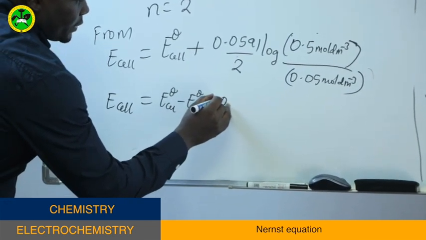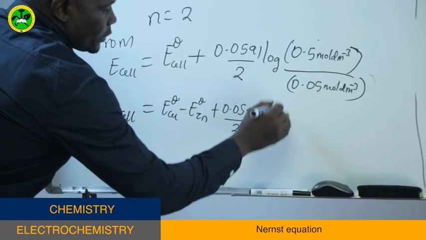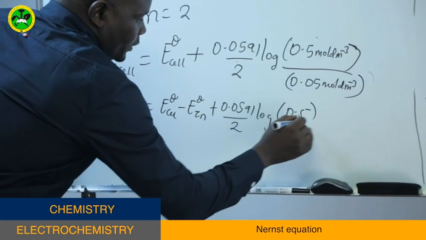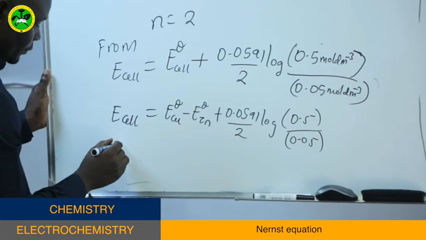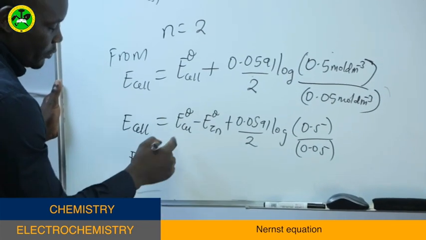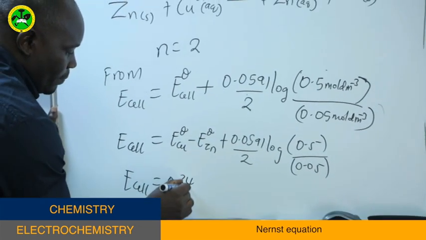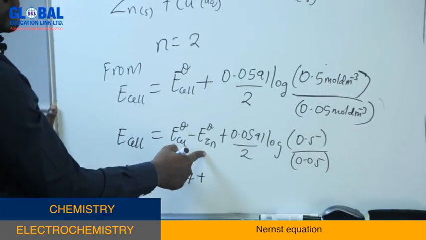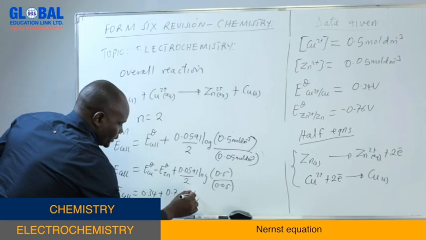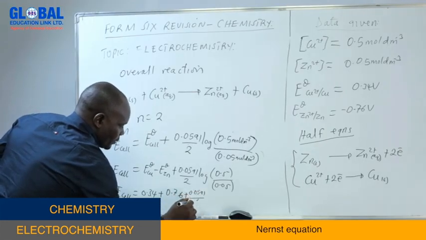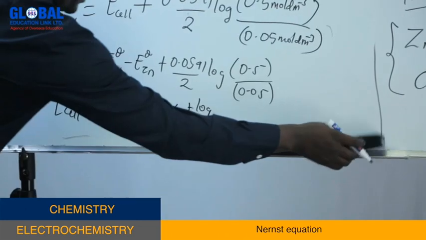So the EMF of the cell will be equal to the standard electrode potential of copper, which is 0.34, plus the standard electrode potential of zinc, which is 0.76. It is plus because it was supposed to be minus minus. Then plus 0.0591 over 2, then the log of 0.5 over 0.05.